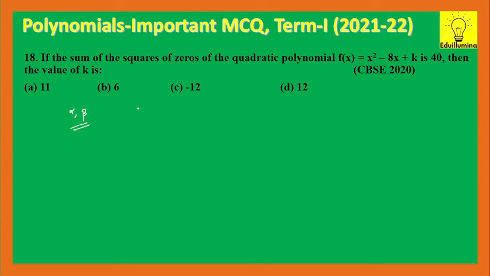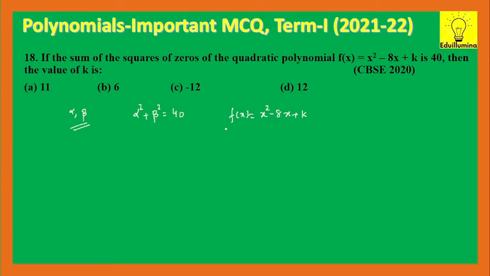The given sum of squares means alpha square plus beta square is equal to 40. Also the polynomial f of x equals x square minus 8x plus k.